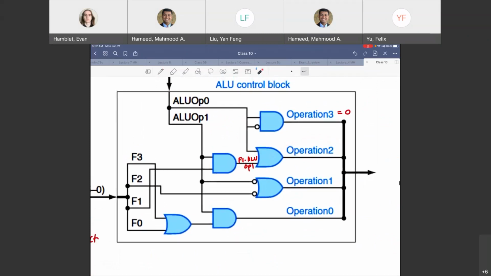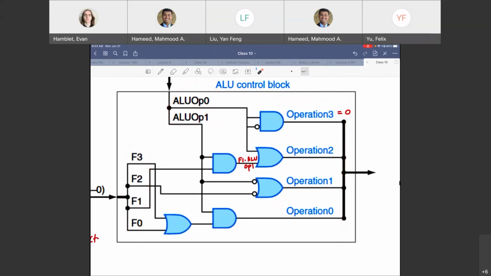Now let me ask you guys a zoomed out question here. How would you design this? Well, you would go back and look at it as a truth table, right? Bits here, I've given you what the output should be, and then you would go do K-maps or whatever to come up with the circuit over here.